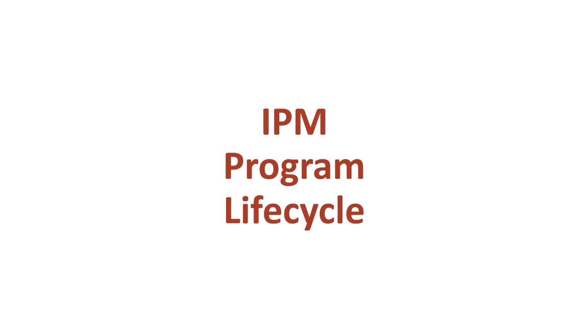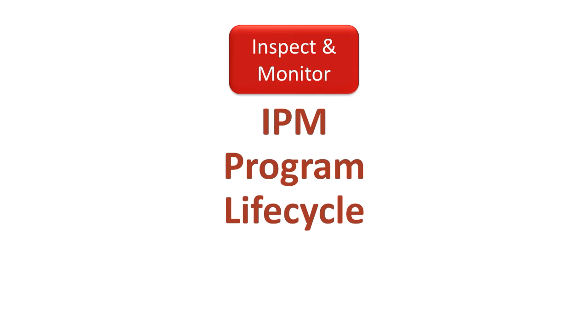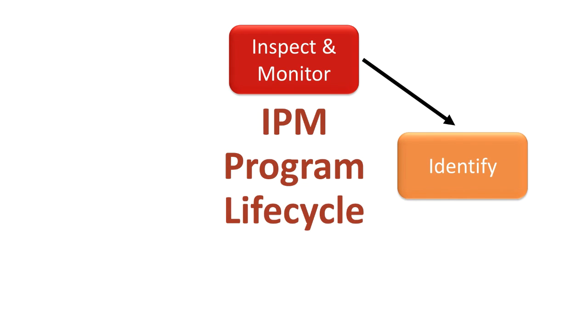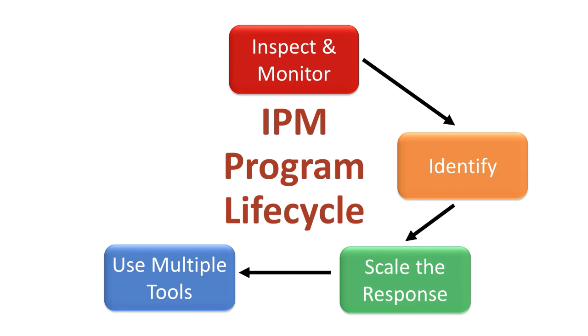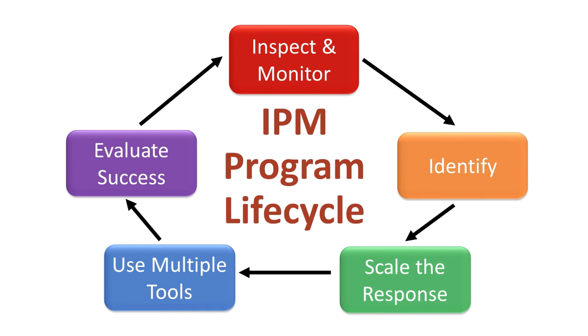In a structural setting, an IPM program consists of inspection and monitoring, identification, scaling the response to the level of infestation, employment of 2 or more control measures, which may be mechanical, biological, chemical, or a behavior change, and evaluation of effectiveness, which has us circle back to inspection and monitoring.